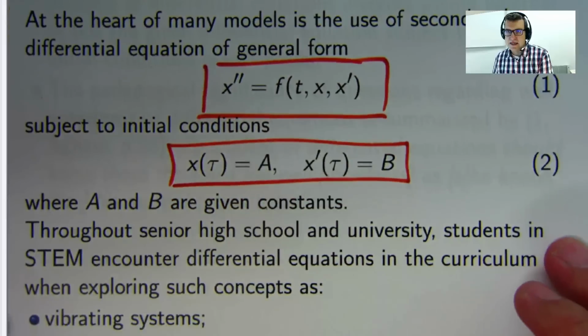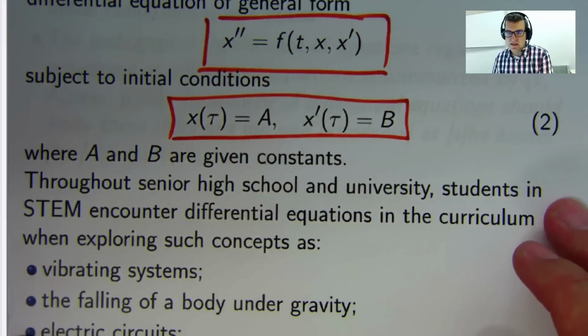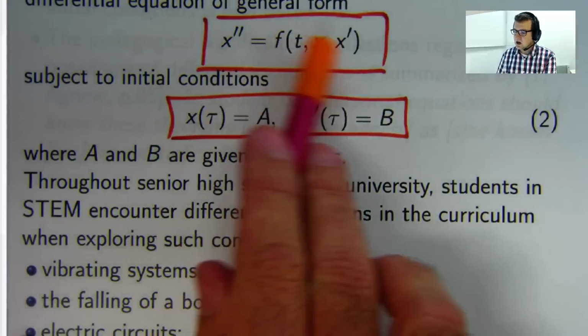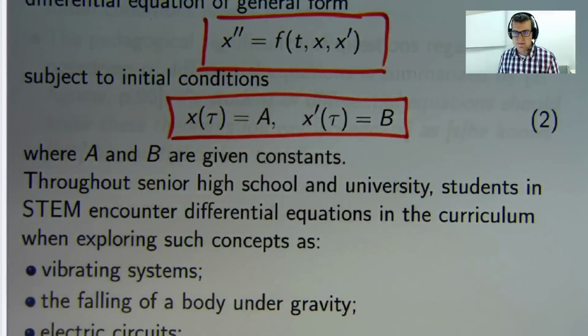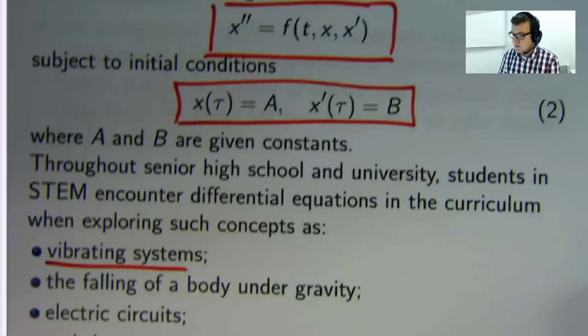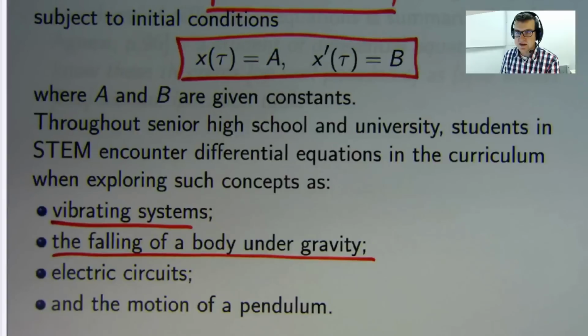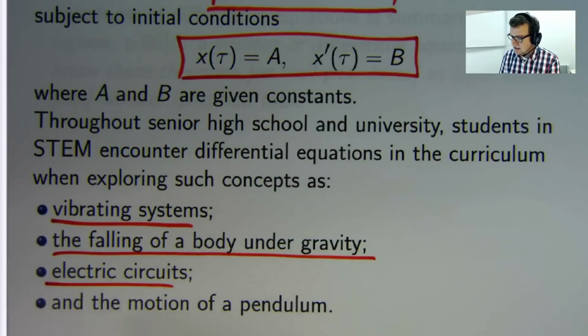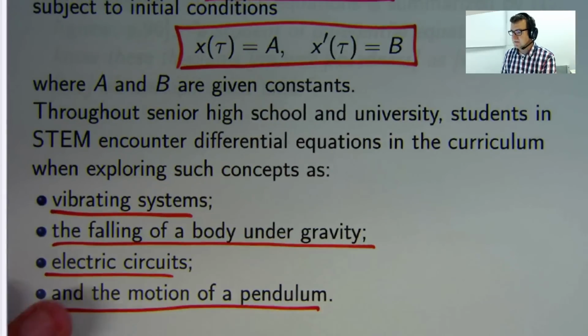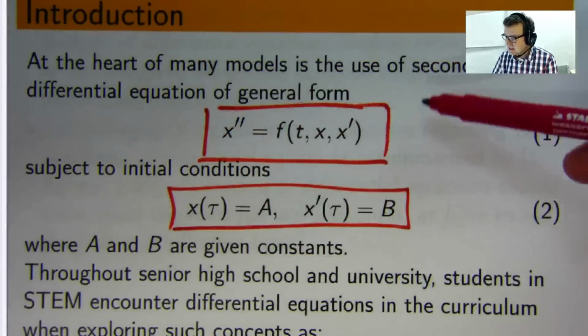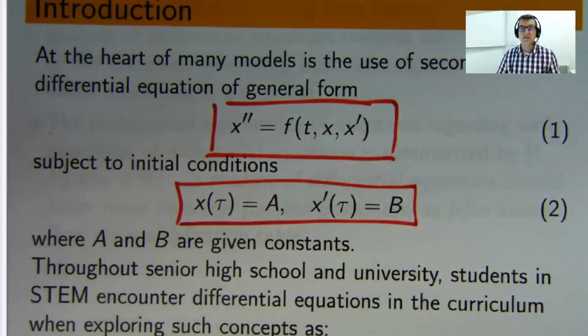Now, in early mathematics courses, you will see these kinds of equations all the time. So in high school, in university, you would see them when you look at vibrating systems, when you look at the falling of bodies under gravity, electrical circuits, and the motion of a pendulum. So you could even argue that these kinds of equations are even more important than first order equations.